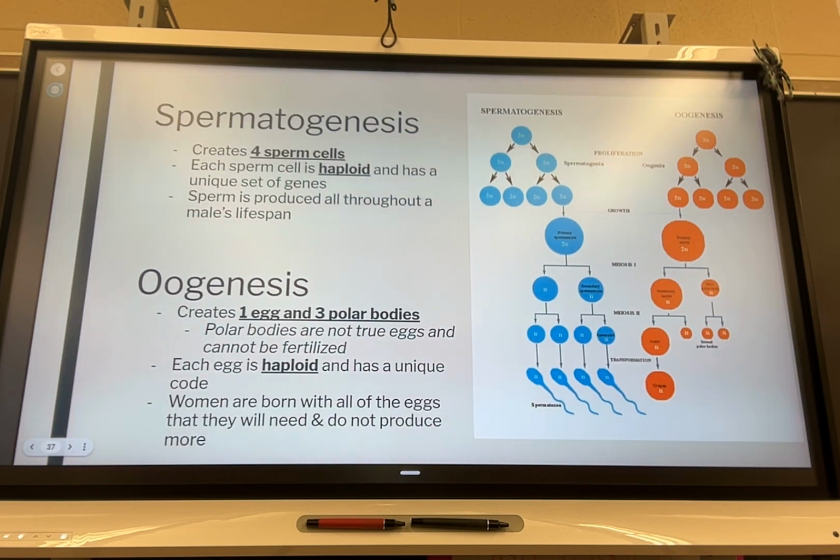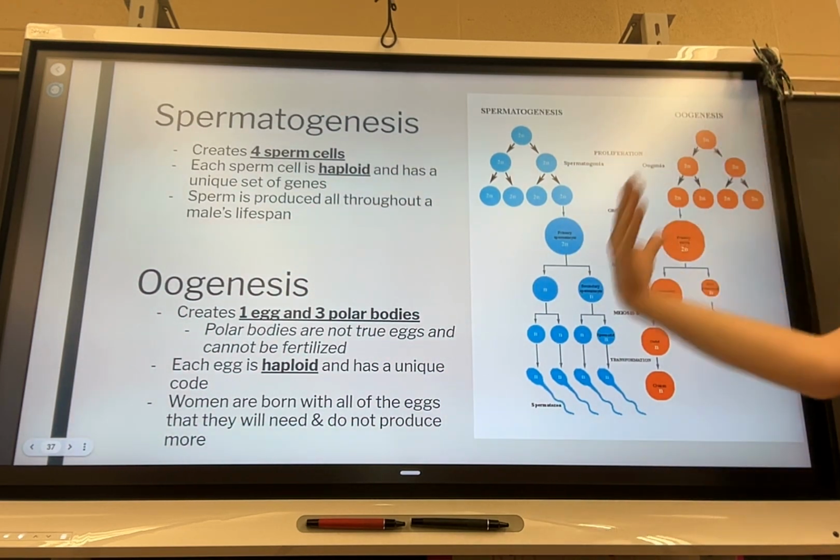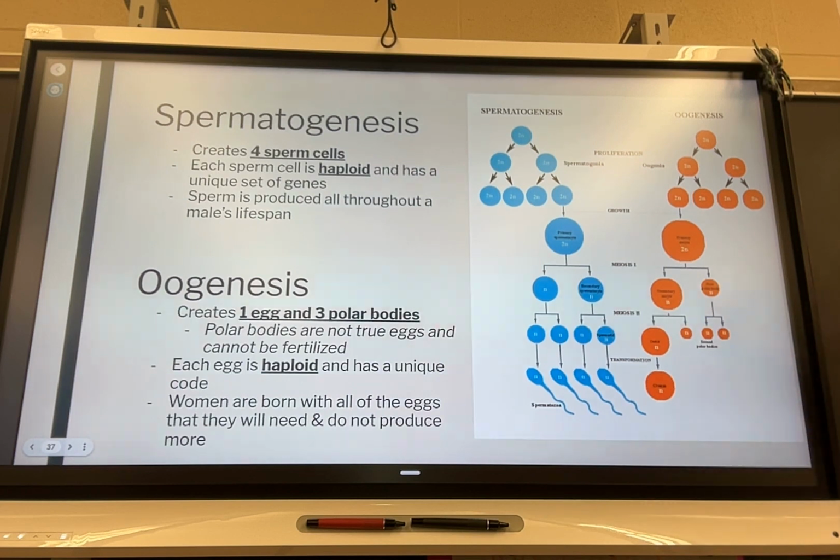That way we can bring them together and form a fully diploid fertilized egg. One side came from your mom, one side came from your dad. Those two haploid cells combined to give you your diploid cells. Any questions about this?